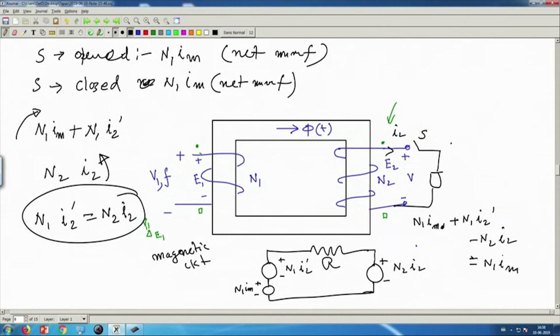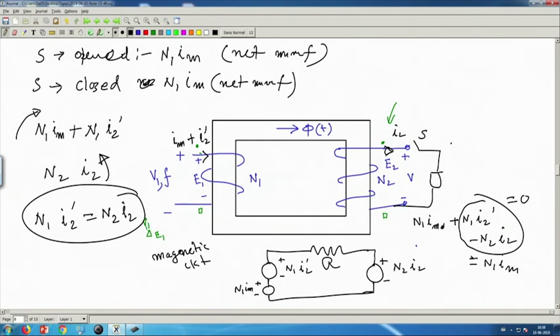How can this happen? If these two are equal, this must vanish to 0. That is why the moment you want to draw some current I2, primary will immediately react and draw additional current I2 dashed on top of IM, which was vanishingly small, that is fine. So, it will draw a current of IM.